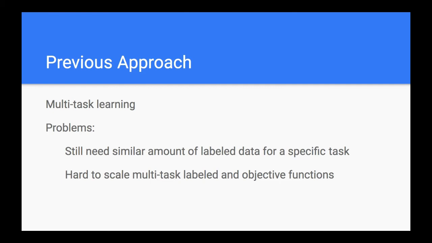Basically, you still need a very similar number of labeled data points to get similar performance as a single-task learning model. So it's really hard to scale, and I personally don't really like this approach. There should be something else to make the model more generalizable.